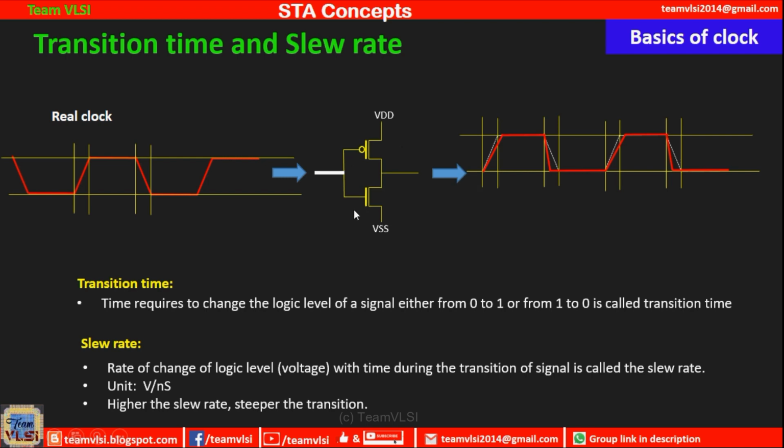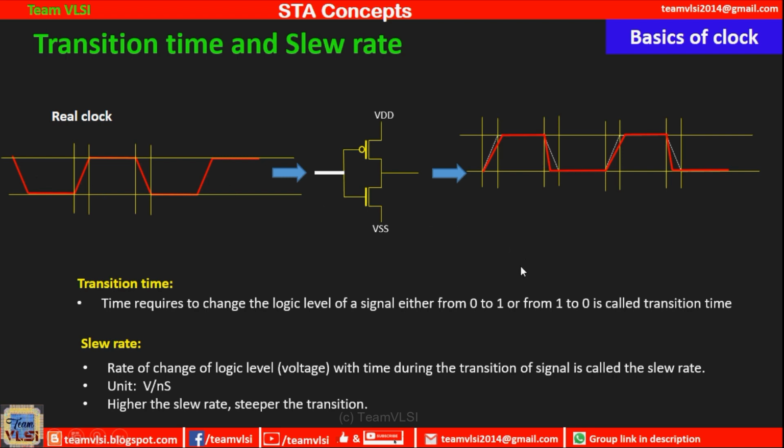If we use normal CMOS inverters, what is going to happen? This red part is again fed to the next level of inverter, so it will again increase the rise time and again decrease the fall time. So at the end of a bigger chain of such inverters, it will completely distort your actual clock signal.